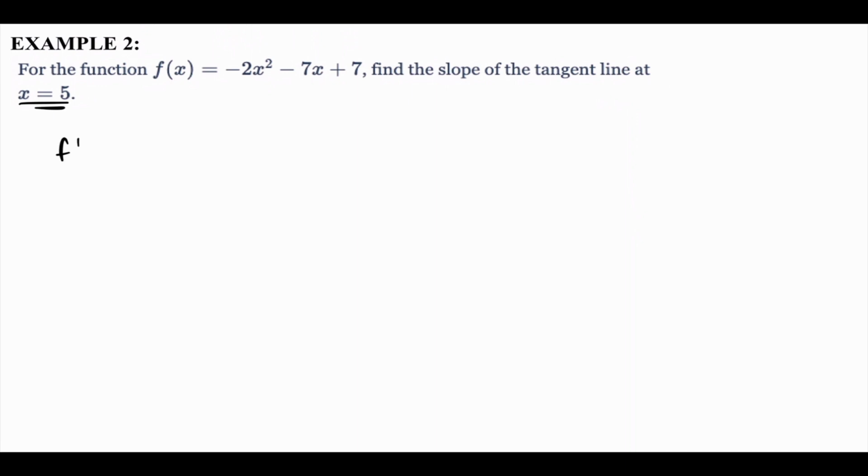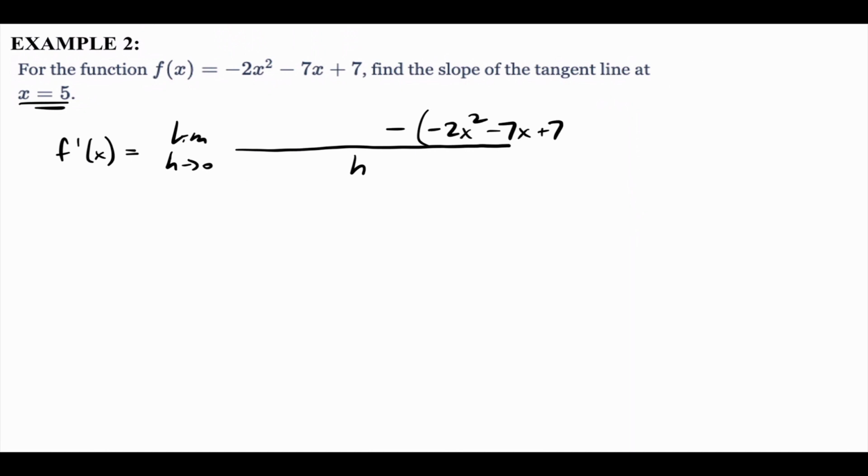So f prime of x is the limit as h approaches 0. H goes on bottom always. F of x goes second, right? I'm subtracting the whole thing. So that's why I put parentheses, because that's f of x.